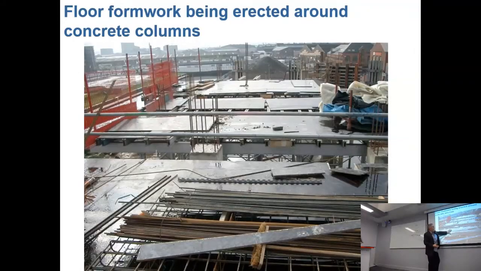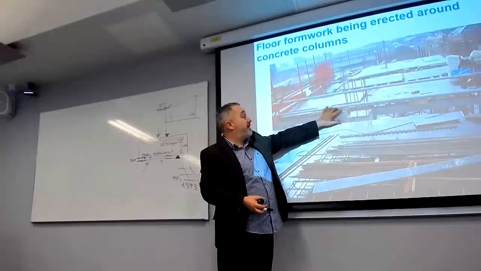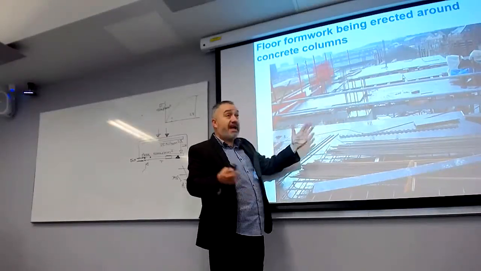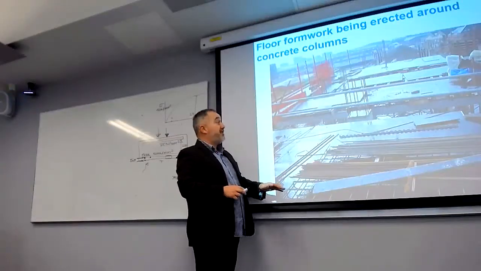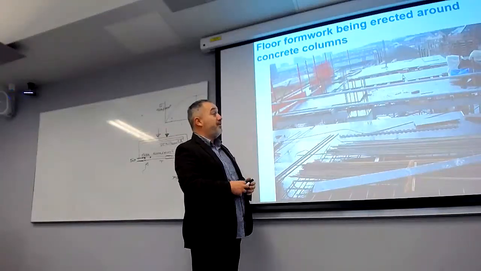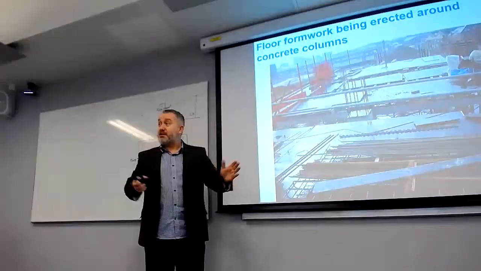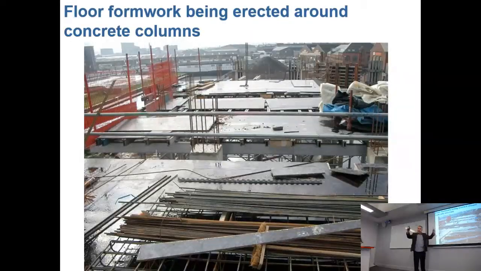There's one there, one there, and one there. But as soon as you start to go around columns, that's when you get a chippy or a carpenter involved, who will have to fill the gaps to make sure the concrete doesn't go through. They have to use expanding foam and different techniques to stop the concrete dripping through and down below when they pour it.